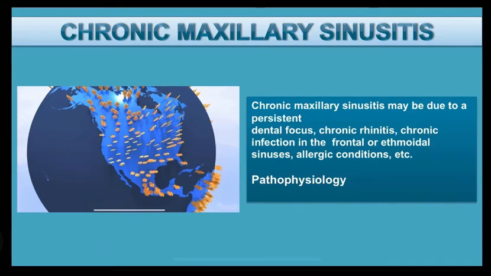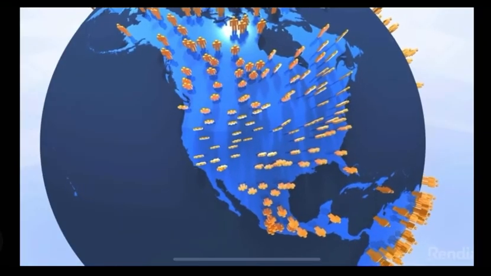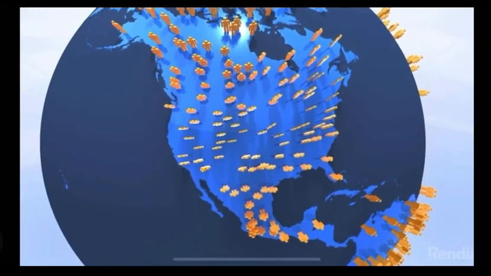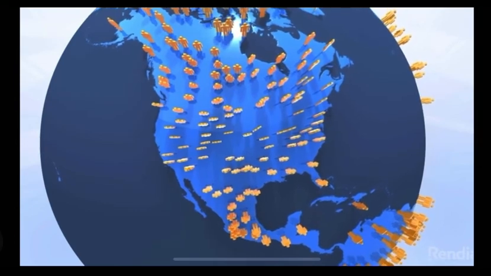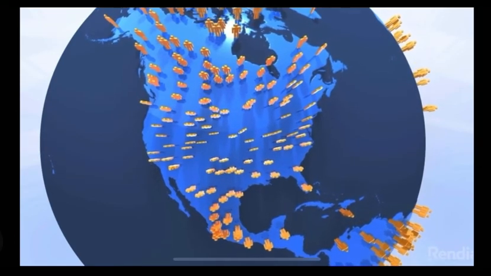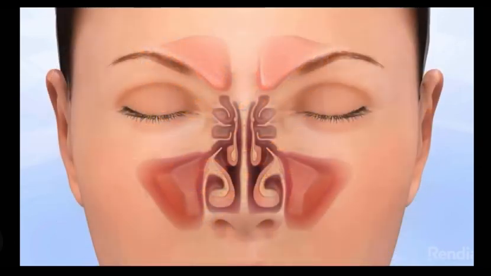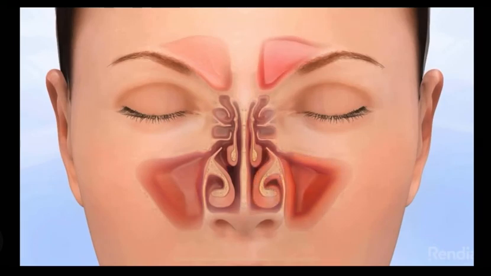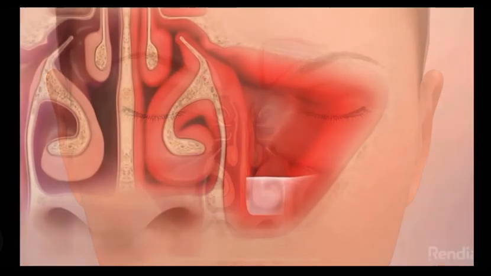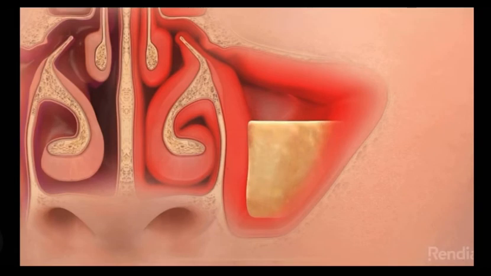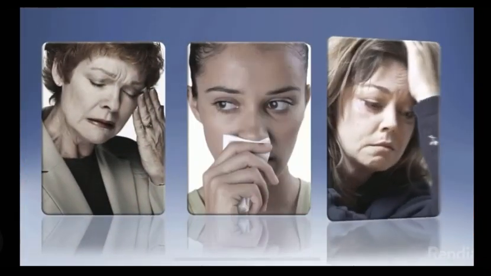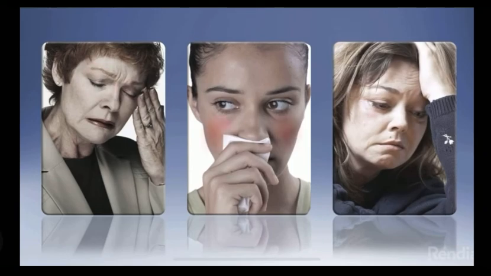Let's watch this video. Chronic sinusitis is one of the most frequently diagnosed chronic conditions, affecting millions of people each year. Sinusitis is a condition in which the sinuses become inflamed and swollen. Swollen sinuses are not able to properly drain, causing sufferers to experience pain, tenderness, and swelling around the eyes, cheeks, nose, and forehead.